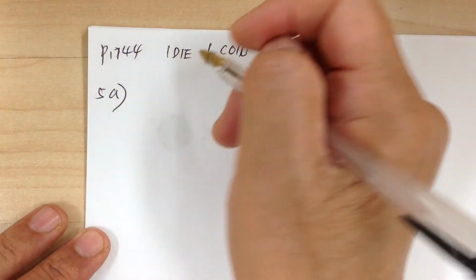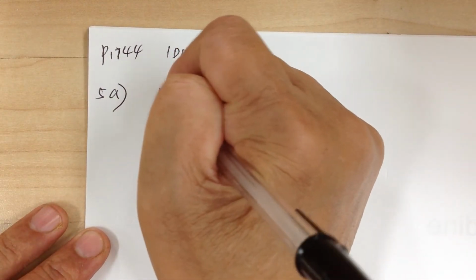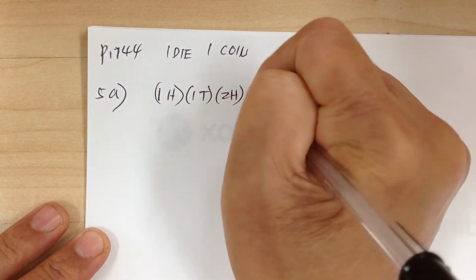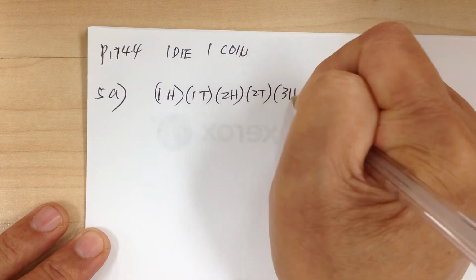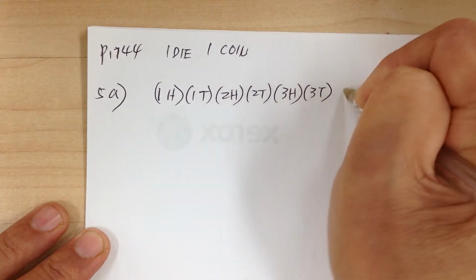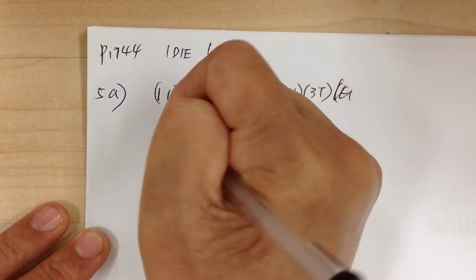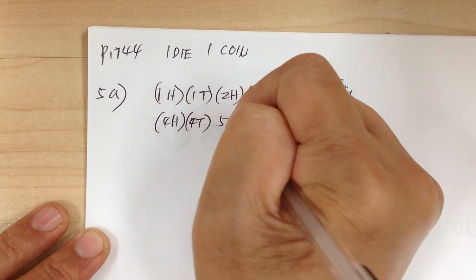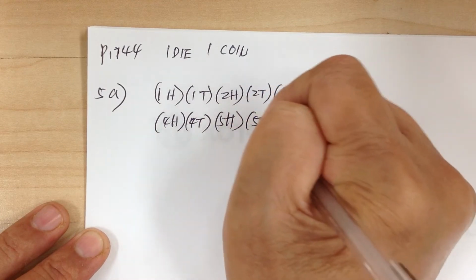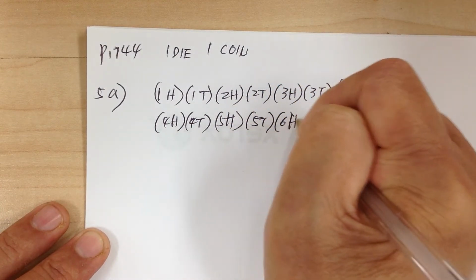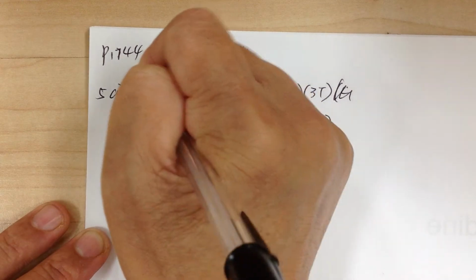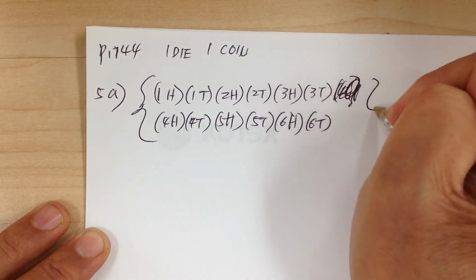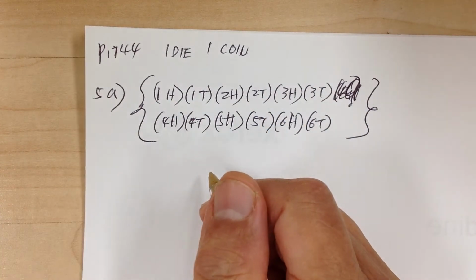So you're going to get 1 head, 1 tail, 2 head, 2 tail, 3 head, 3 tail, 4 head, 4 tail, 5 head, 5 tail, 6 head, 6 tail. So that would be the sample space.